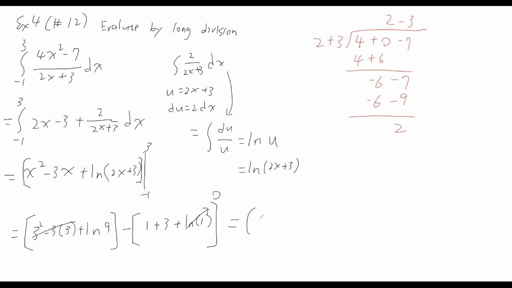All right, so ln 9 minus 1 plus 3, that's 4. And that's it. ln of 9 minus 4, not 3, 4. Which we can leave as that. You don't have to punch that into the calculator.